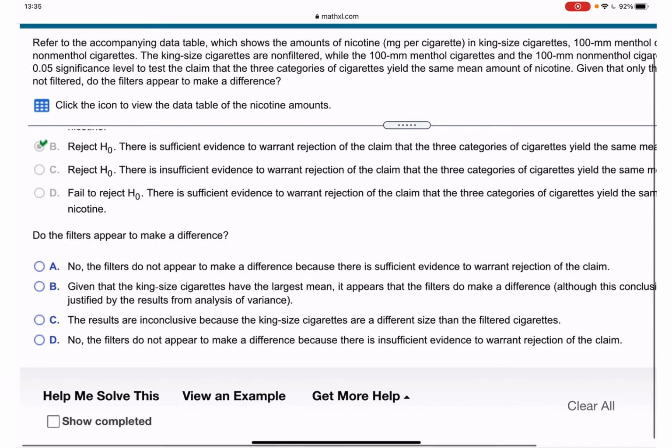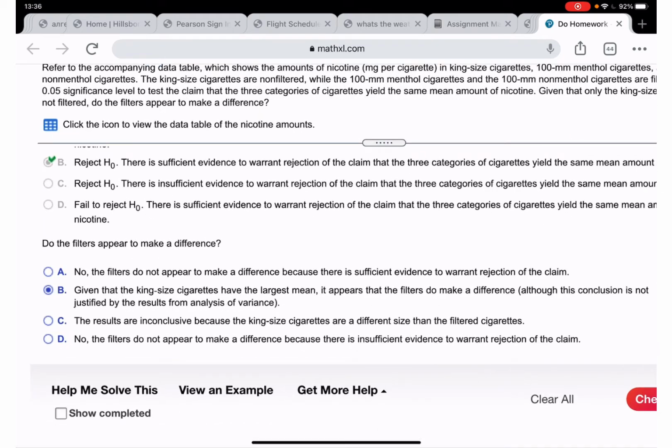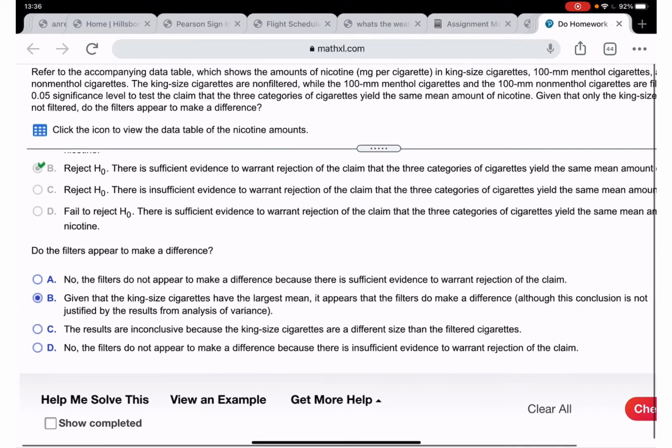One more question. Do the filters appear to make a difference? Since we rejected, and rejection means the means are not equal, we can say that given that king size cigarettes have the largest mean, it appears that the filters do make a difference, although this conclusion is not justified by the results from the analysis of variance.